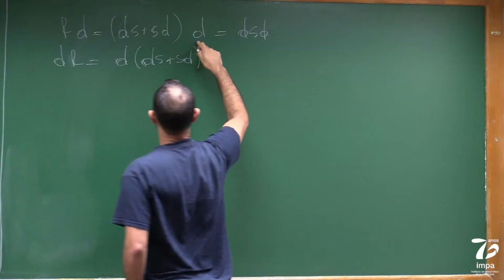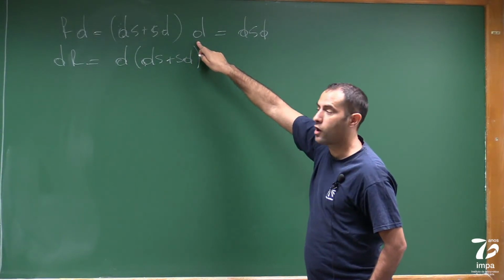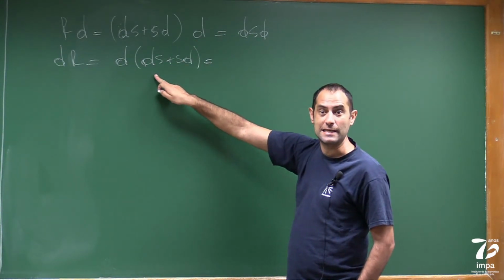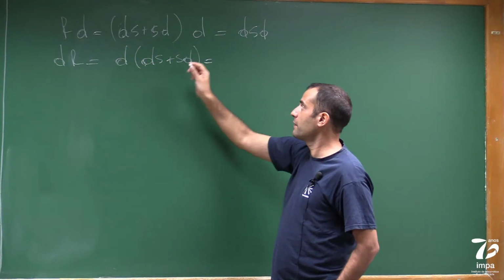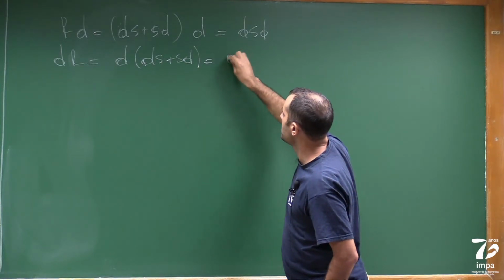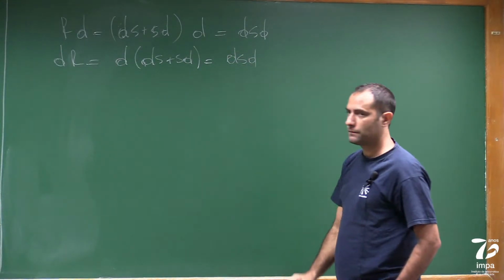So this is the D in the complex C, and this is the D in the complex D. These are two different differentials, but both of them square to 0, so this is dsd as well. So these two are equal.